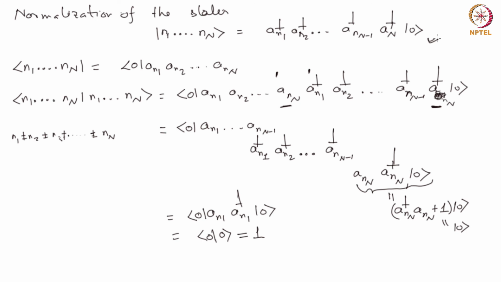Okay. Now you can already imagine that if this is not true, if some of the n1s and n2s and n3s are same, then you have to take care of the commutation relations and you will get a normalization factor which will not be 1. So that will be left as an exercise. Okay.